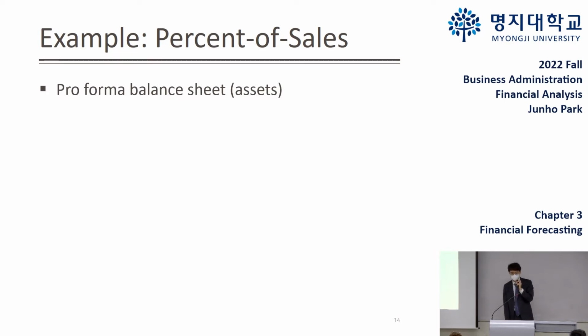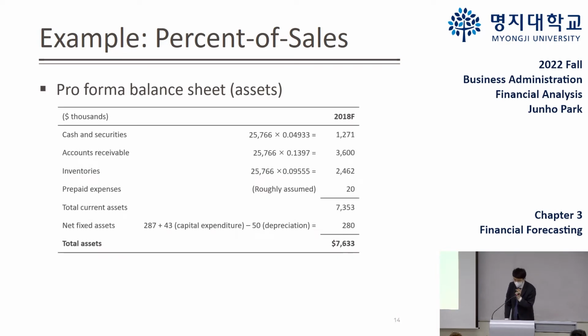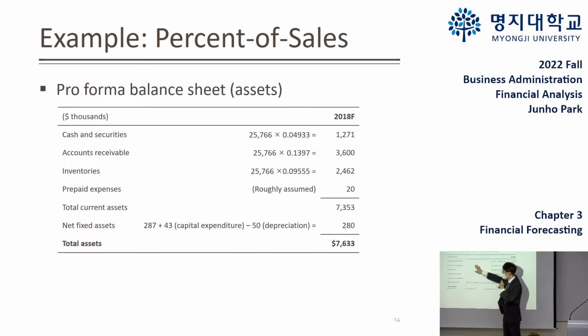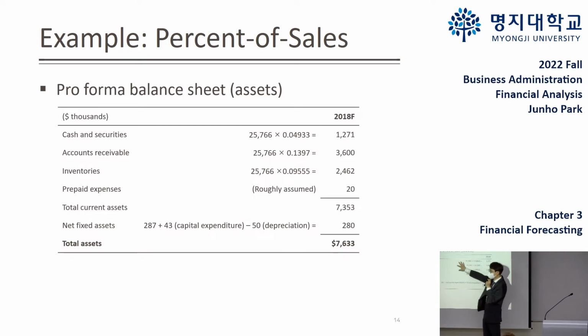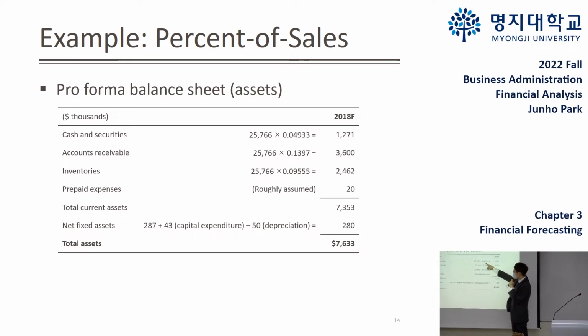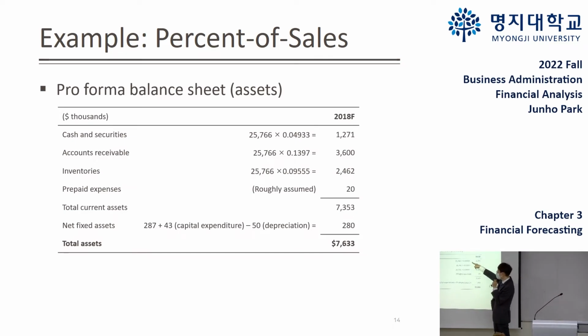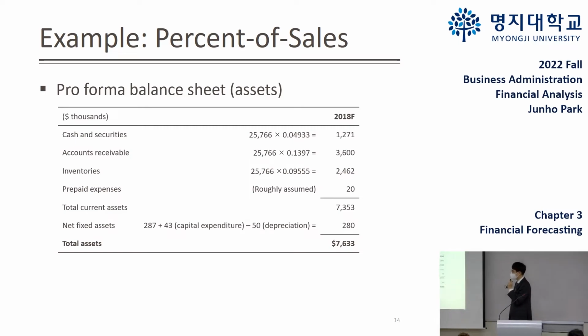First, think about the asset items. Cash, accounts receivable, inventories, these three are proportional to sales. So again, by using the predicted sales, we are going to use those percentages to get the values in the pro forma.